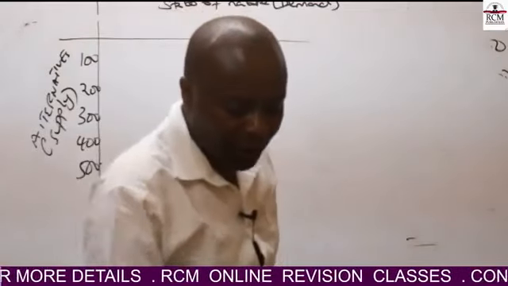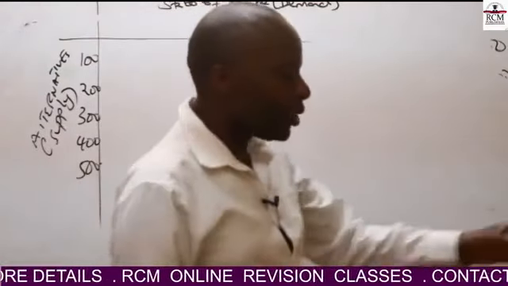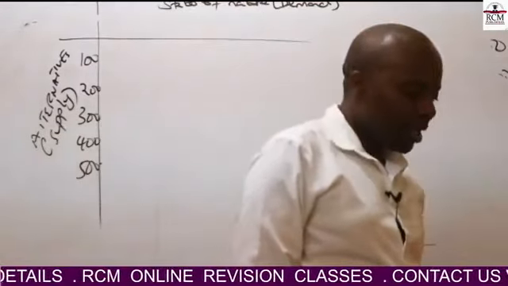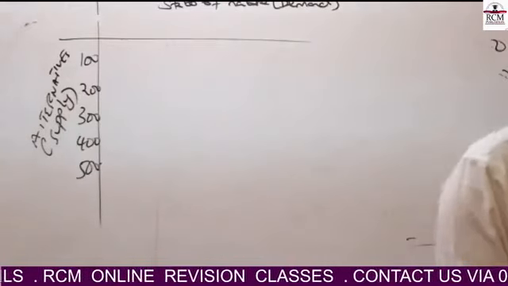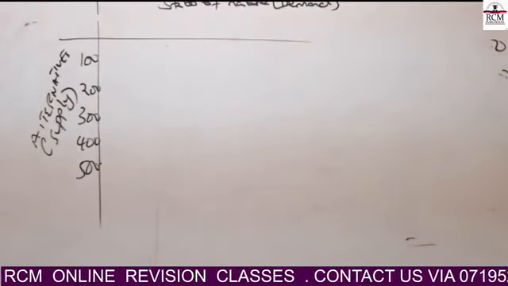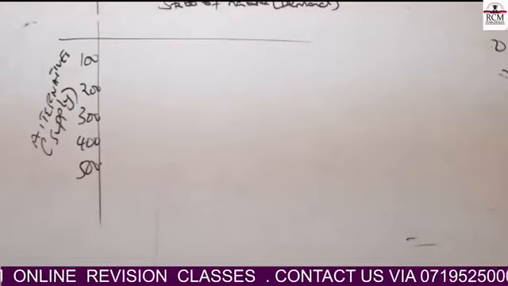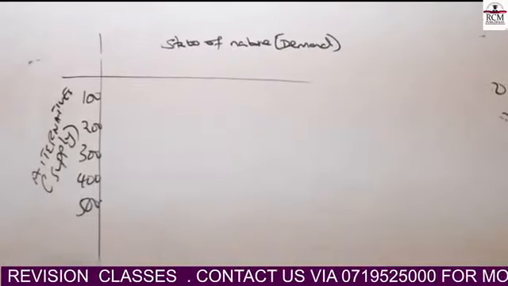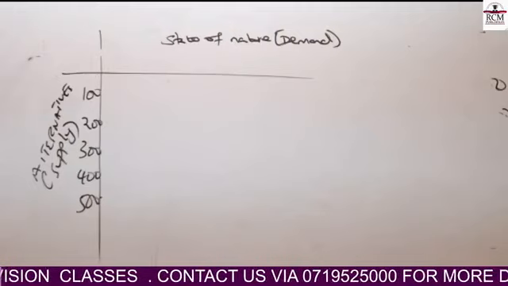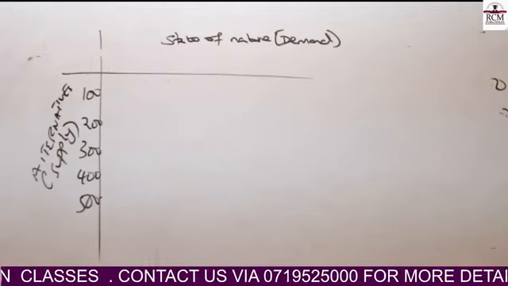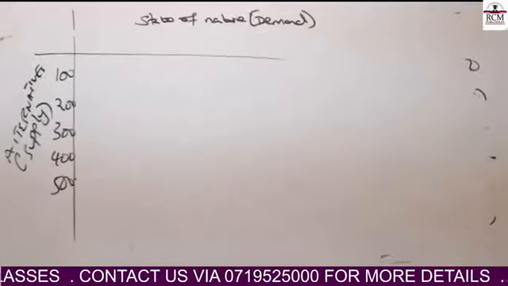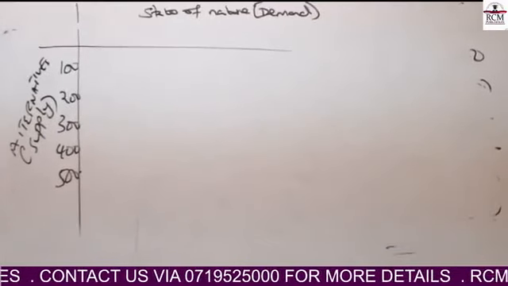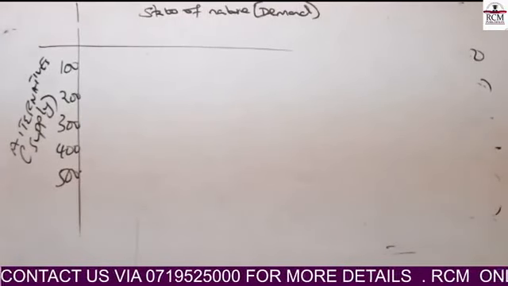Now listen, ladies and gentlemen, how do we get to really know the demand amount? Unless you're told otherwise, remember what you're told in economics is that supply and demand should always be equal.